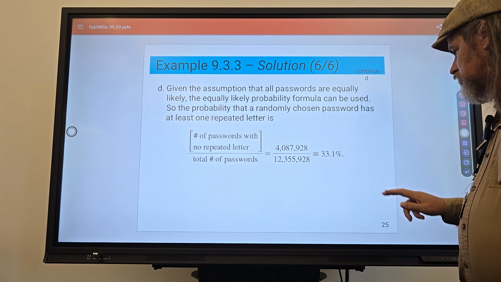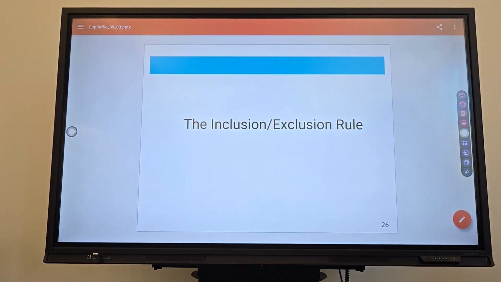I think there's a typo in the text there.